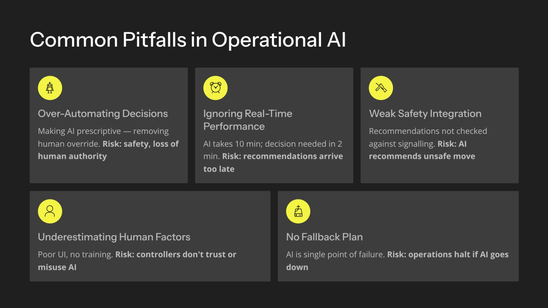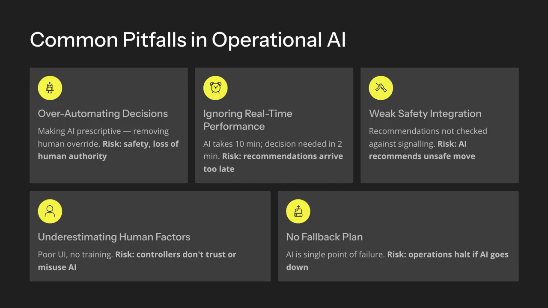Pitfall 3: weak integration with safety systems. This one has direct safety implications. The AI recommends rerouting a train via a particular line, but that line is closed for maintenance. If the recommendation hasn't been validated against signaling and automatic train protection logic before it reaches the controller, the controller is being shown an option that isn't safe to execute.